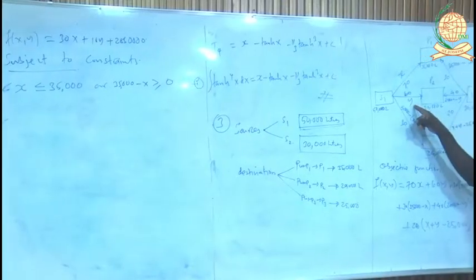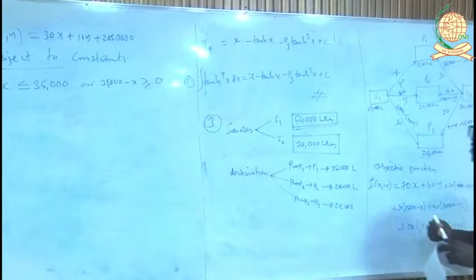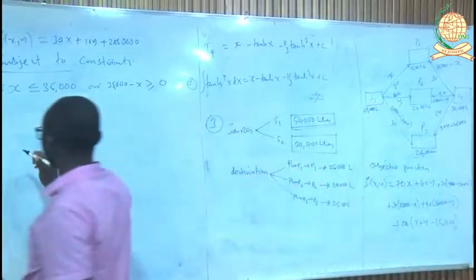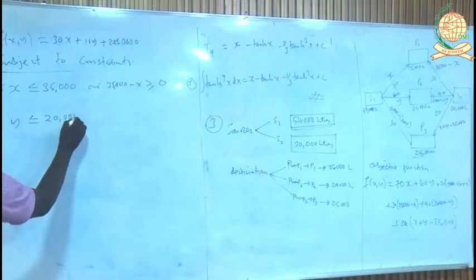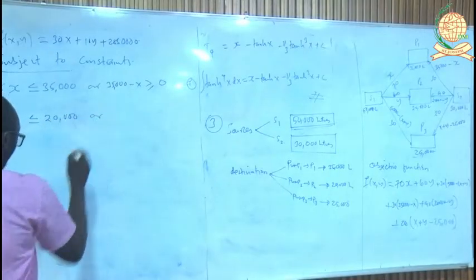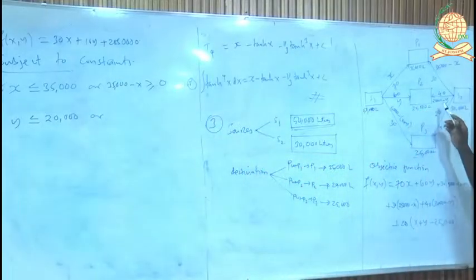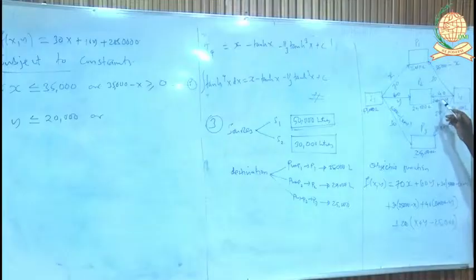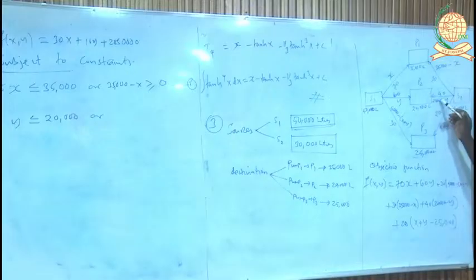So for pump 2, y should be less than or equal to 20,000 liters. Or again, from S2, after subtracting from the requirement, what should come out from S2 is 20,000 minus y.